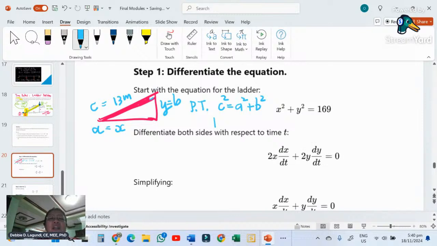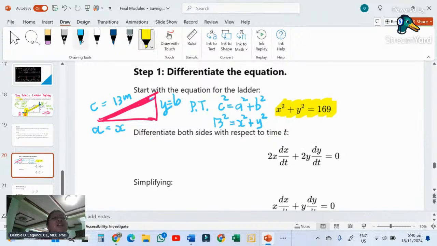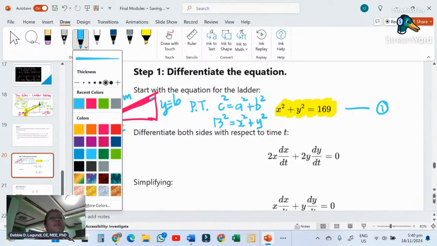Our hypotenuse is 13 squared, our A is X, our B is Y. So 13 squared is 169, equals x squared plus y squared. You always start with the Pythagorean theorem in a ladder problem. So equation 1 is from the Pythagorean theorem.